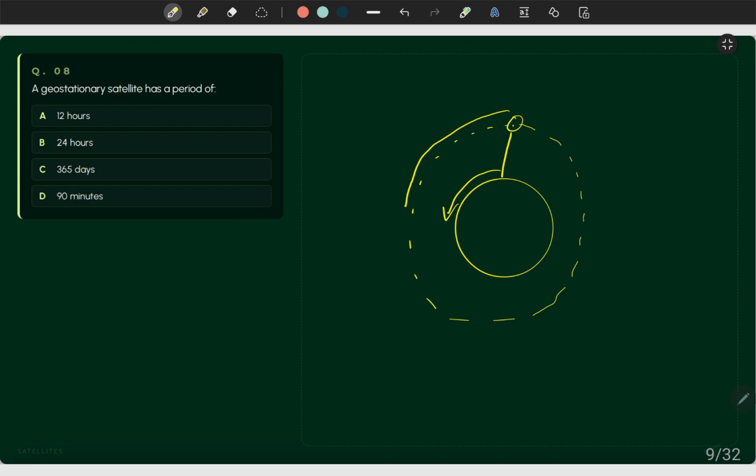This is only possible when the Earth's rotation and the satellite's revolution have the same time period, and then only the satellite will be at the same position all day. This is only possible when Earth and satellite have the same time period, that is 24 hours.